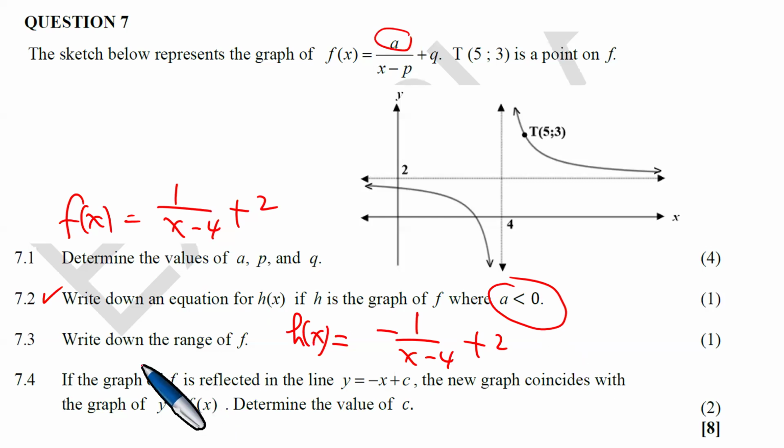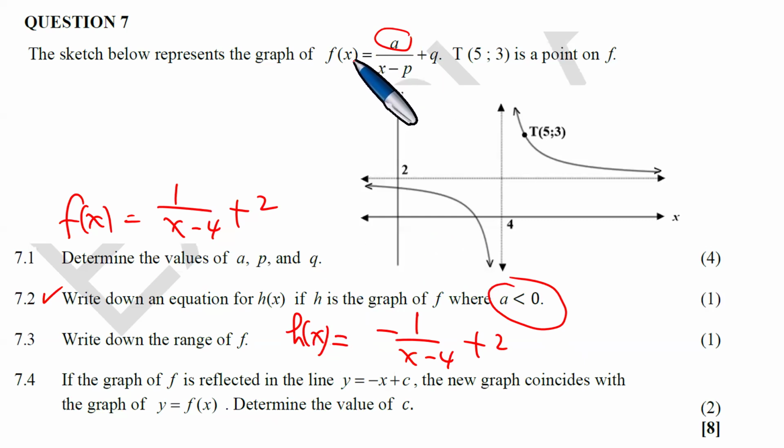Now next question, we're looking at this one. Write down the range of f. To write down the range of f, a couple of things. Here is f. Is this one? And we want its range.